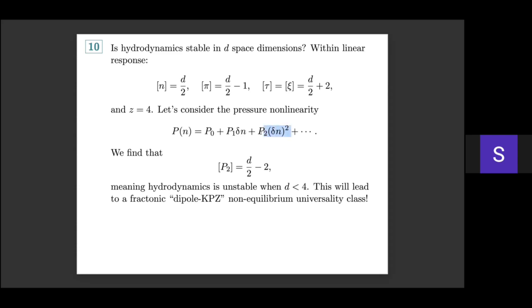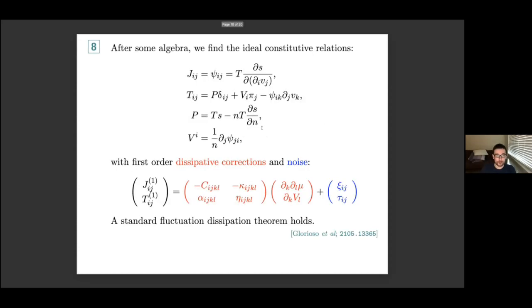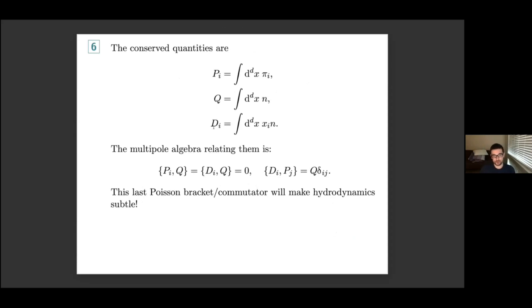Why is Galilean invariance absent in this model? Why does Galilean invariance not exist here? I don't think you can reconcile that with this multipole algebra. I haven't thought about it deeply, but I suspect that, because these are macroscopic equations.